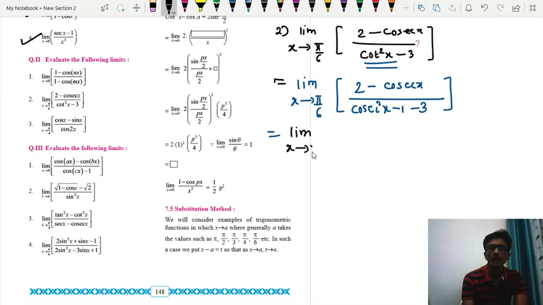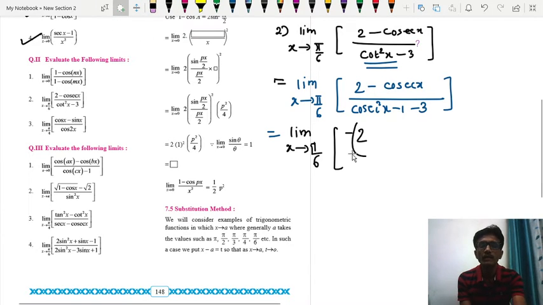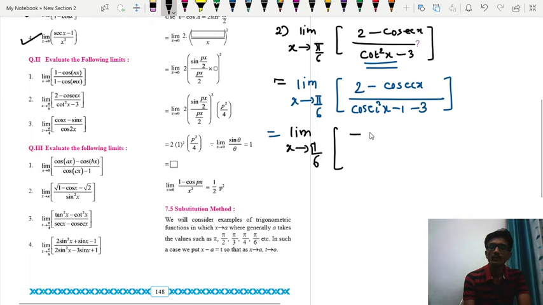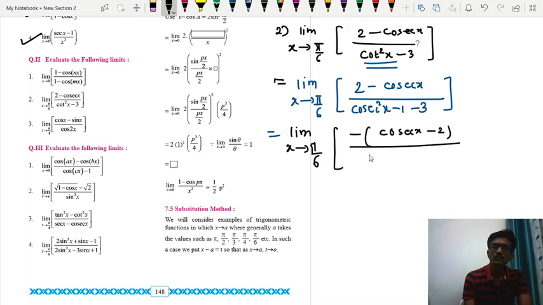Limit x tends to pi by 6. We are taking the minus sign common from the numerator. Then we'll be getting, minus sign taking common from here, it is cosec x minus 2, and the denominator is cosec square x minus 1 and minus 3, it is minus 4.